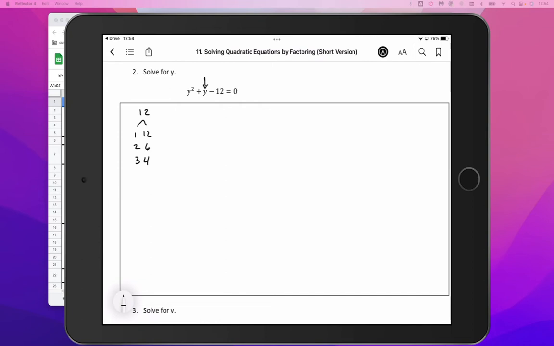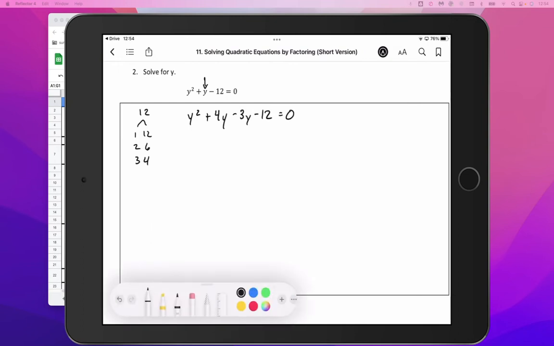I need factors of 12 that will make a positive 1. So that will be a plus 4 and a minus 3. So we will split this up: y squared plus 4y minus 3y minus 12 is equal to 0.